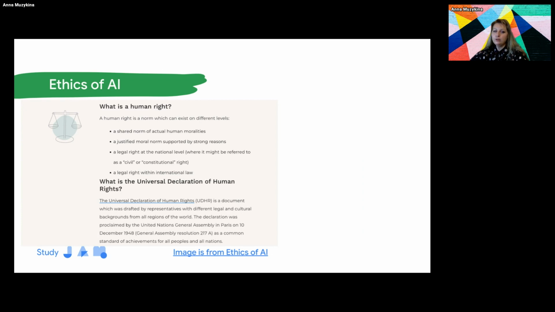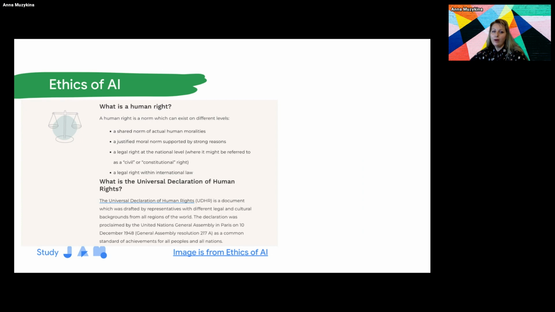They include civil and political rights, like freedom of expression, as well as social, cultural, and economic rights, like the right to education. The core idea is to protect people's ability to live a worthwhile life, to have agency and autonomy.